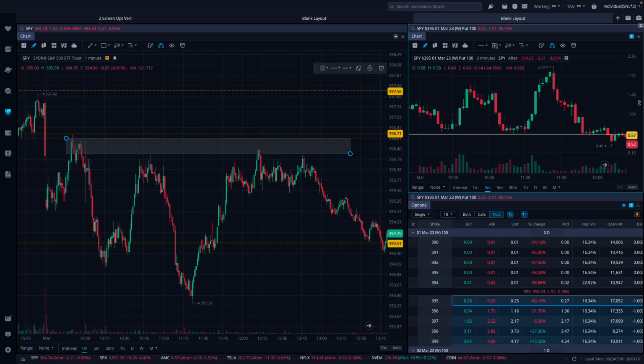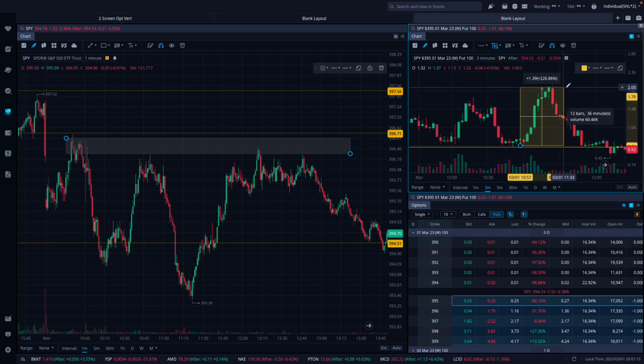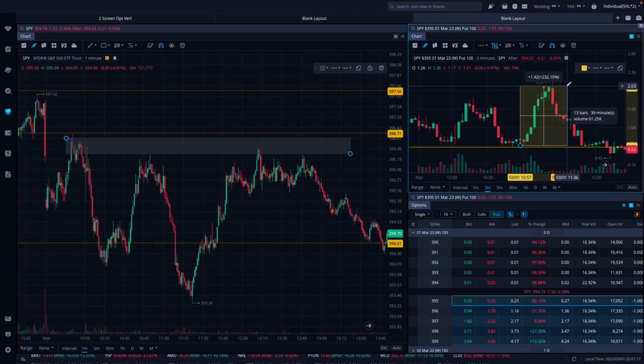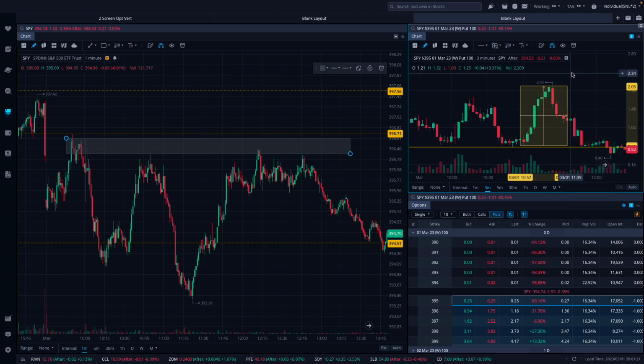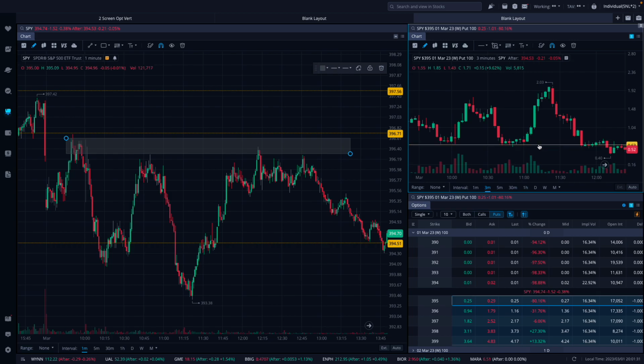And then you miss a 230% move because you got stopped out because you weren't patient on your entry. I wish I could ask you if that makes sense. But you have to be patient and you don't have to try to buy right here.